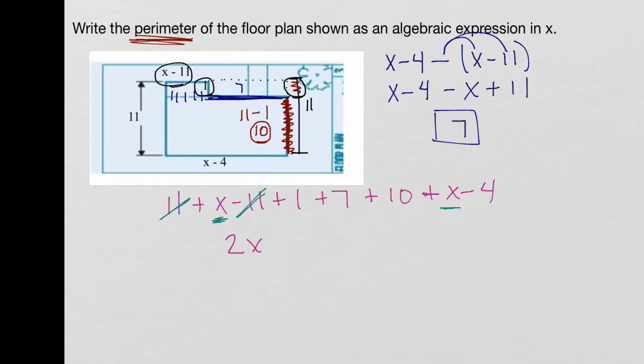And then we have 1 plus 7 plus 10 minus 4. So 1 plus 7 plus 10 minus 4 gives me 14.